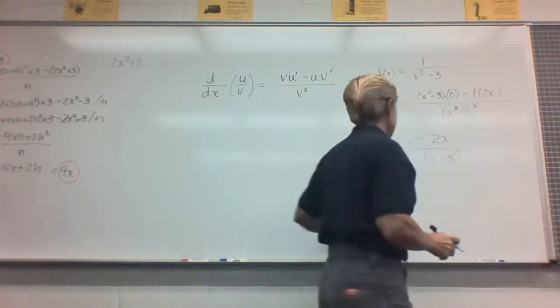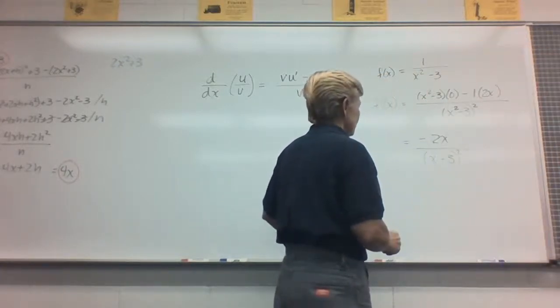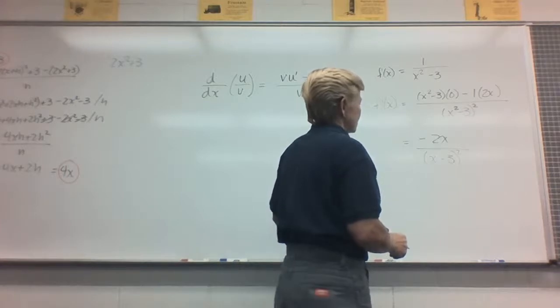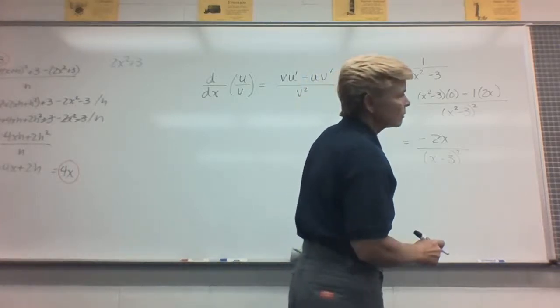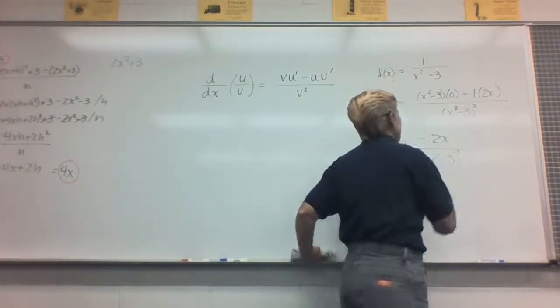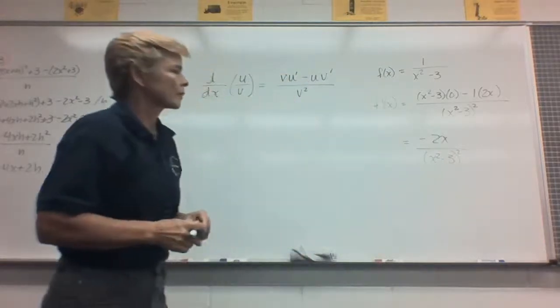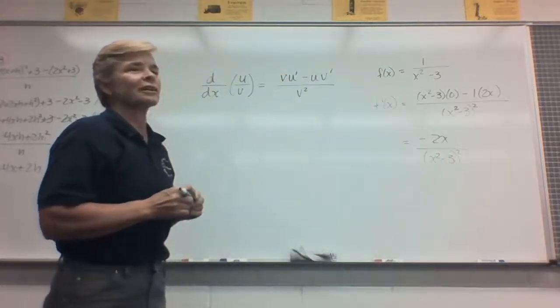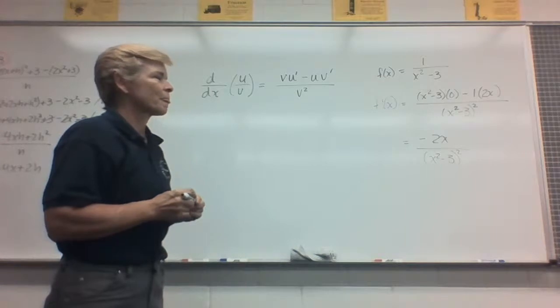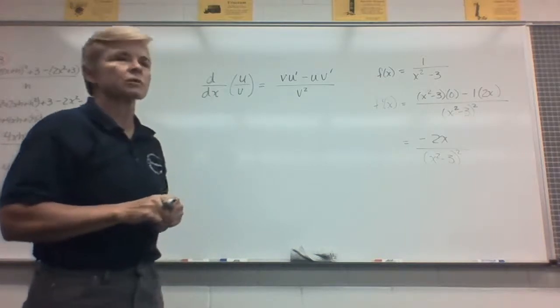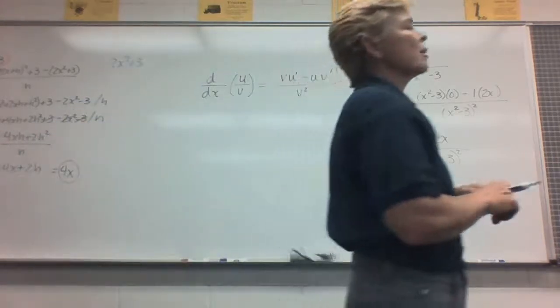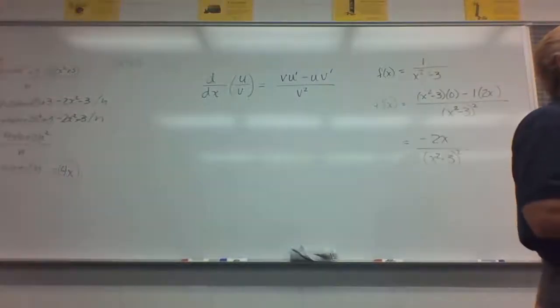Put the squared in. I erased it to change it, and then I didn't change it. They are the same. It's amazing. The quotient rule works. Low d high minus high d low over low low. If you have a quotient, you need to do that.